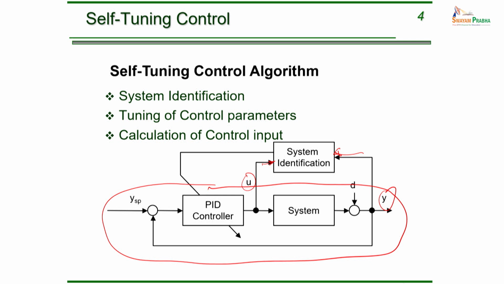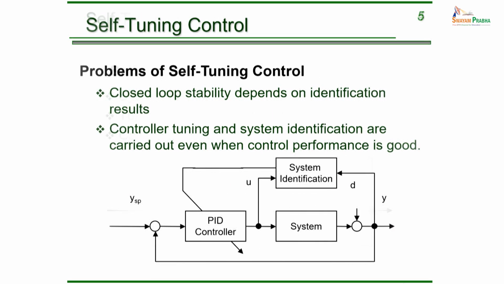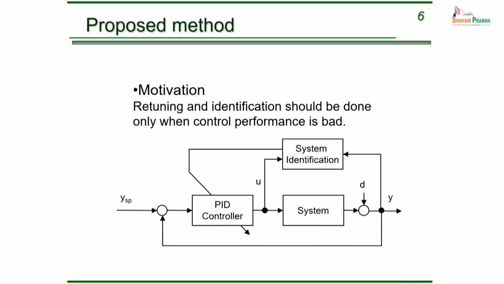That's what we would be using in this box here. We estimate the parameters, and those parameters are fed into the PID controller to compute the new control action. So this is what's typically done in a self-tuning or an adaptive control system.